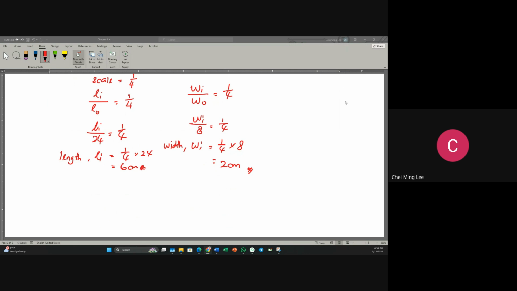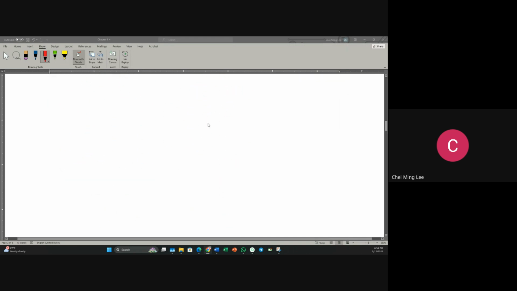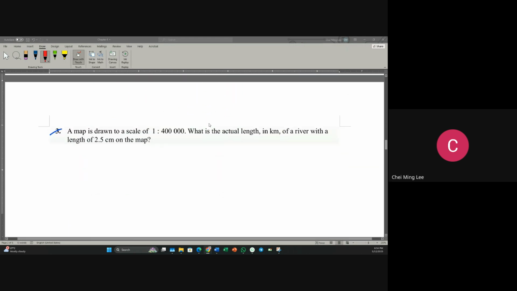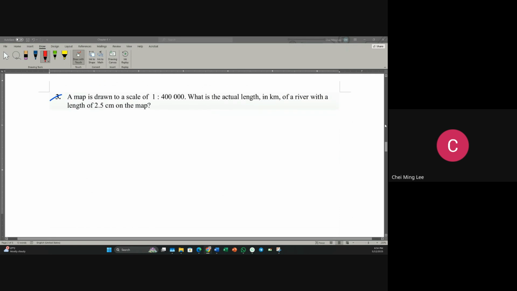Alright. Now let's see the second question. A map is drawn to a scale of 1 to 400,000. Find the actual length of a river with a length of 2.5 cm on the map. So L image is 2.5. The scale is 1 over 400,000.